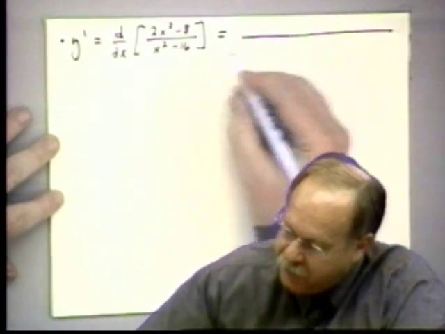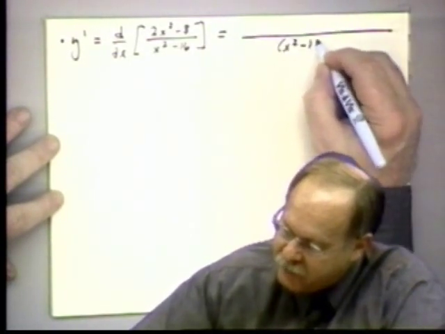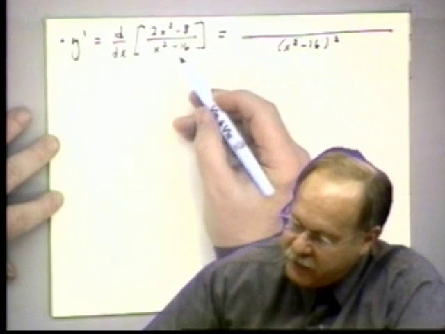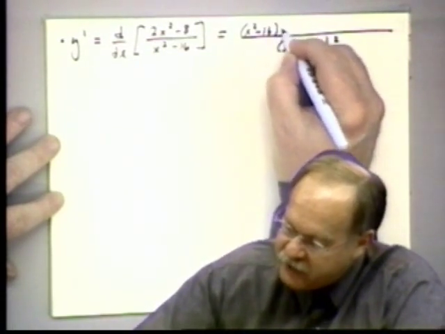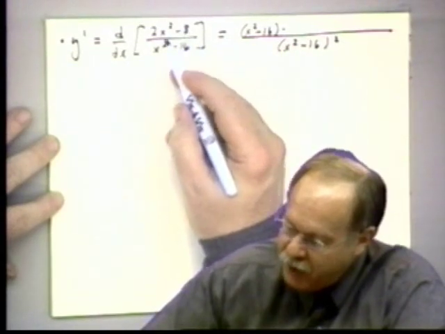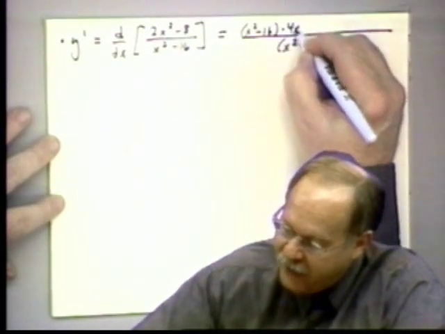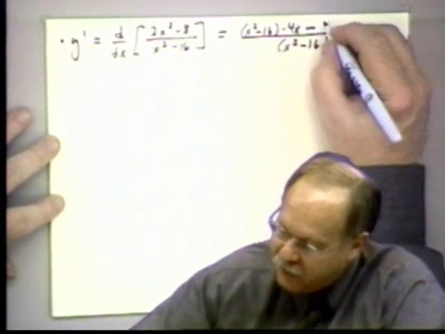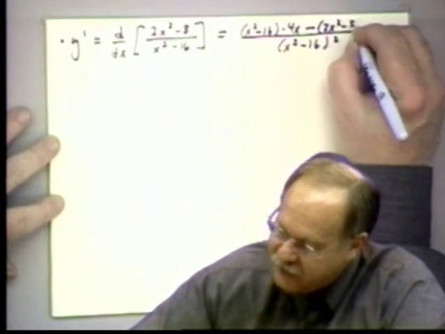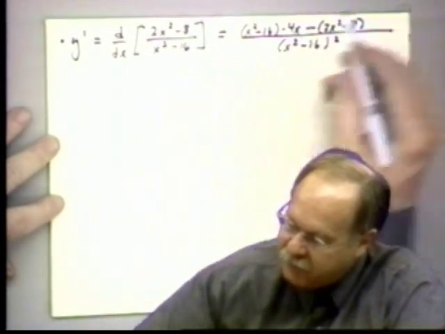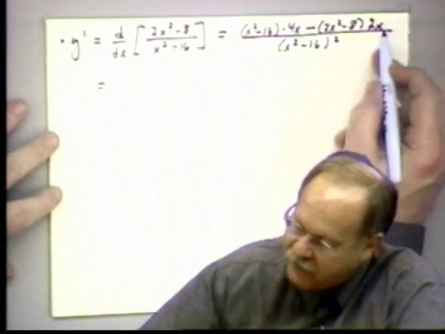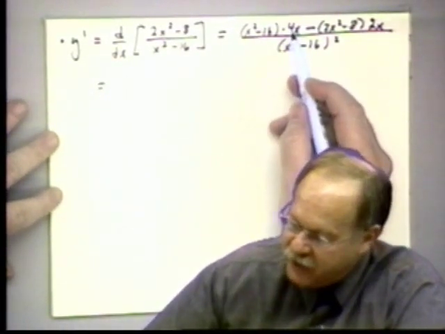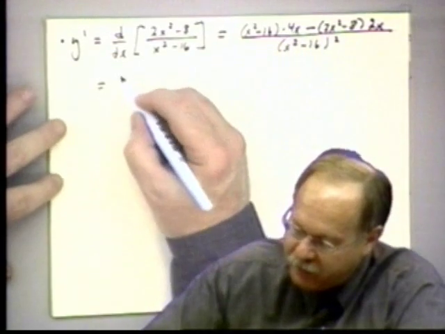Let's see here. The bottom gets squared, so it's x squared minus 16 squared. Then we start the top with that bottom term, x squared minus 16, times the derivative of the top, which in this case is 4x, minus the top here, 2x squared minus 8, times the derivative of the bottom, which is just 2x. If I do some simplification here, and I can pull out, say, a 4x, and then I'll have some things to combine.